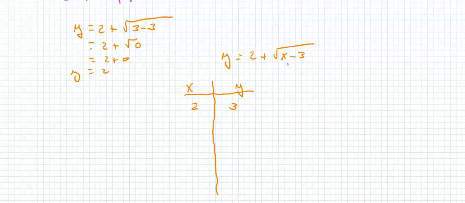If I put in a number smaller than 3, I get a negative in the radical. Those are not real numbers, so we're not going to use them. All right, we're going to use numbers bigger than 2. I did that backwards. I am so sorry.